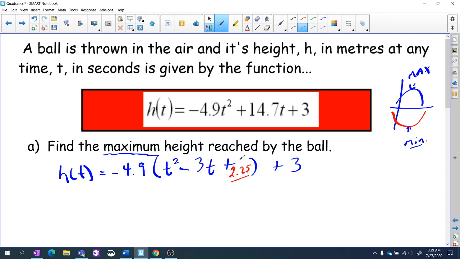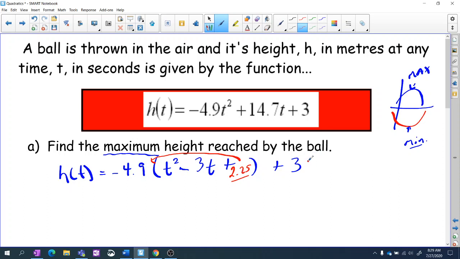So now remember that whatever you put here, you have to multiply it by any coefficient. So I have to take 2.25 and multiply it by negative 4.9, which is 11.025. Now that would be a negative, right? Because it's a positive 2.25 multiplied by negative, so it's negative 11.025.